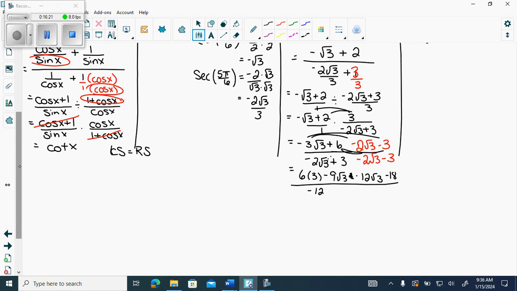Plus 6 root 3 minus 6 root 3 minus 9. So then I get 18 minus, what's the minus or plus? Are they both minuses? Minus 21 minus 18 over negative 21.